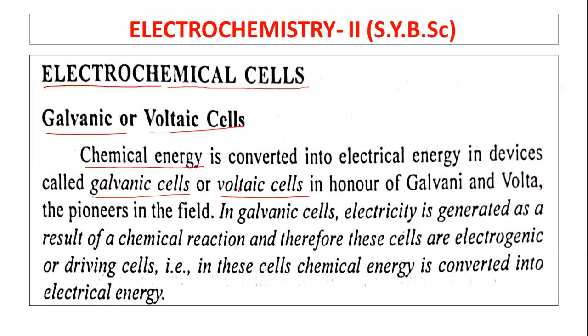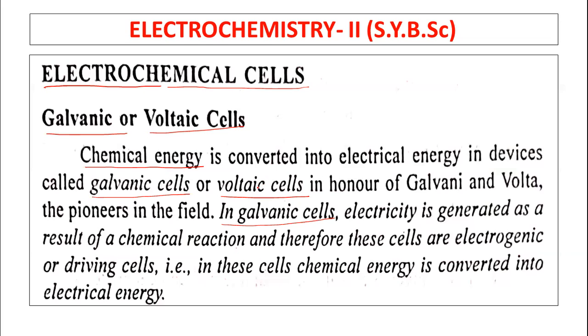In galvanic cells, electricity is generated as a result of a chemical reaction. It means in a galvanic cell, chemical reactions take place, and at the cost of the chemical reactions, there is a production of electricity.